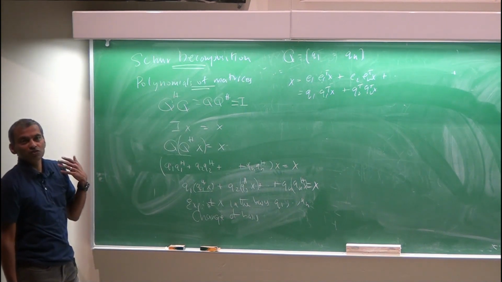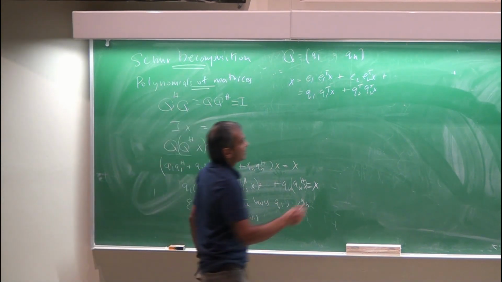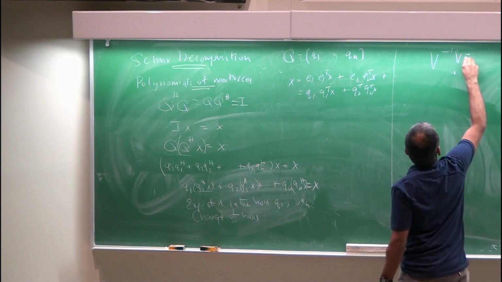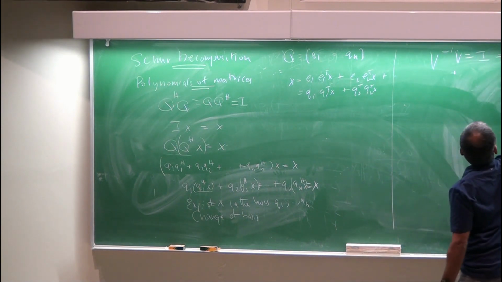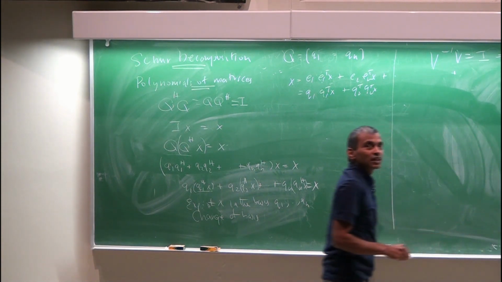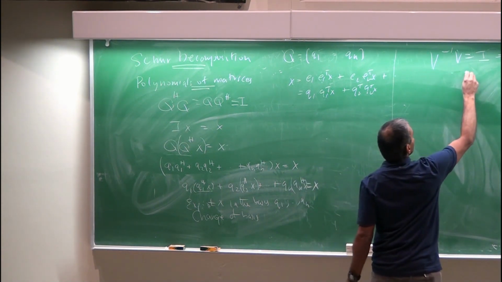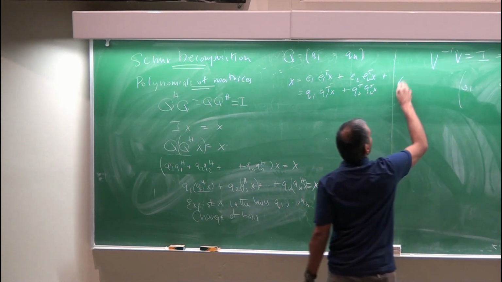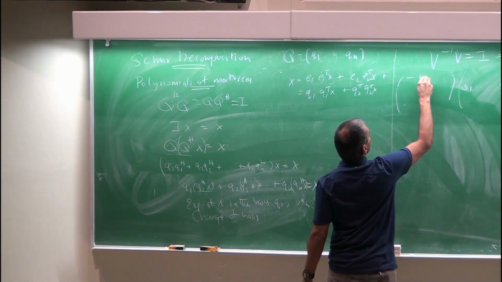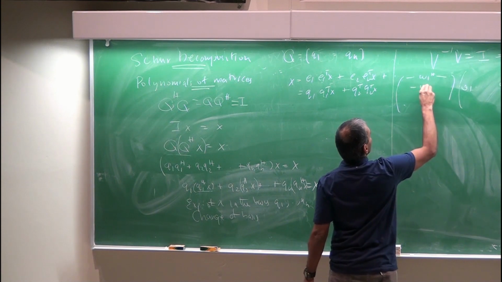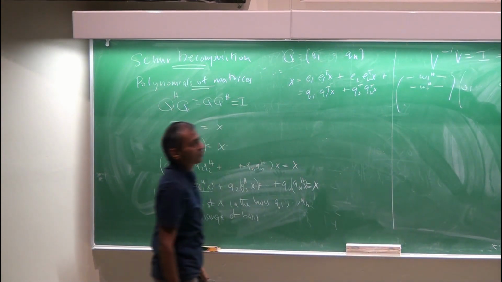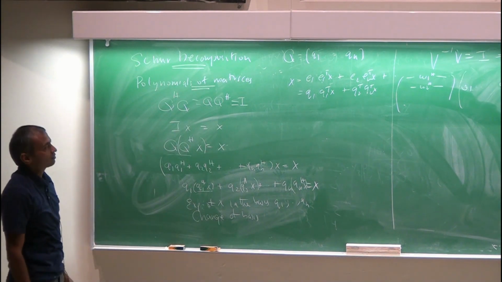What happens if I use a non-unitary matrix? Say, for example, I have a matrix V which satisfies V inverse V is equal to the identity, equal to V times V inverse. Let's say we label the columns of V as V1 through Vn, and let's label the rows of V inverse as W1^H, W2^H. If you don't like complex numbers, just pretend H is T. Those are the rows of V inverse.